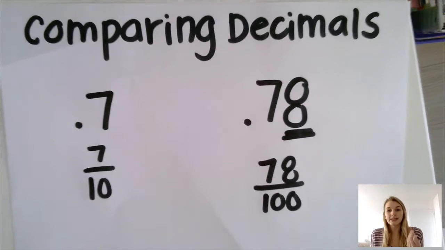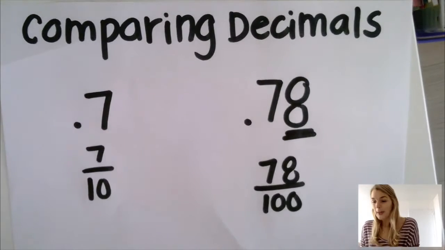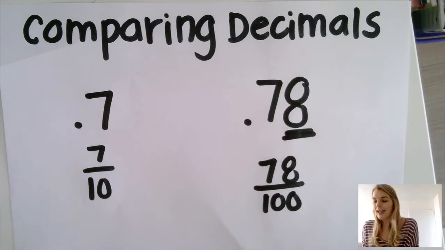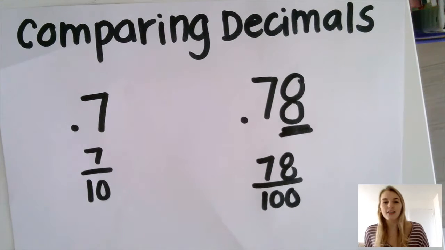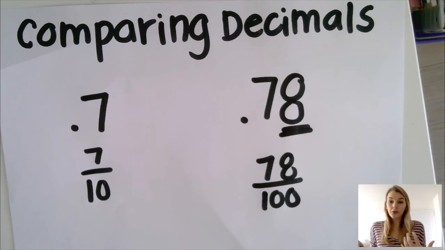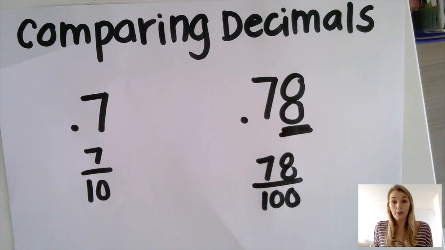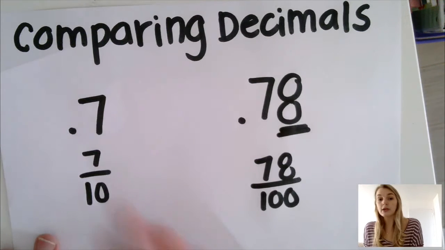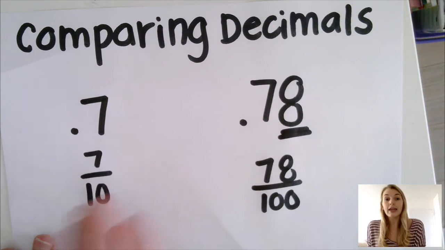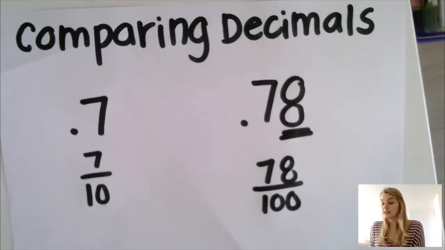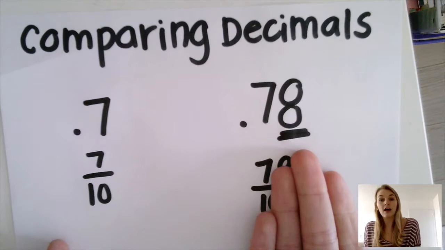Now I told you it is hard to compare these two because they have different denominators. This one's in the tenths and this one's in the hundredths. So in order to make it easier to compare, we can change this fraction or this decimal into one that is in the hundredths place.